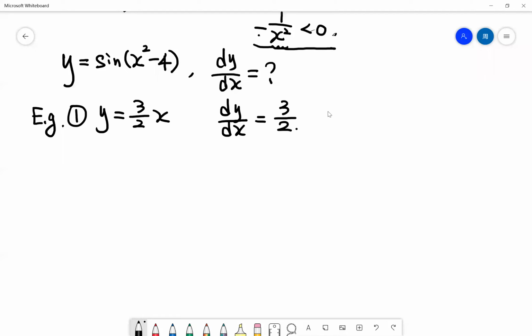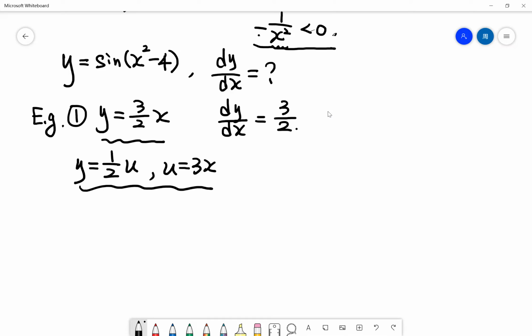And this function can be a composite function, because we can write y equals 1 by 2 u, and u equals 3x.